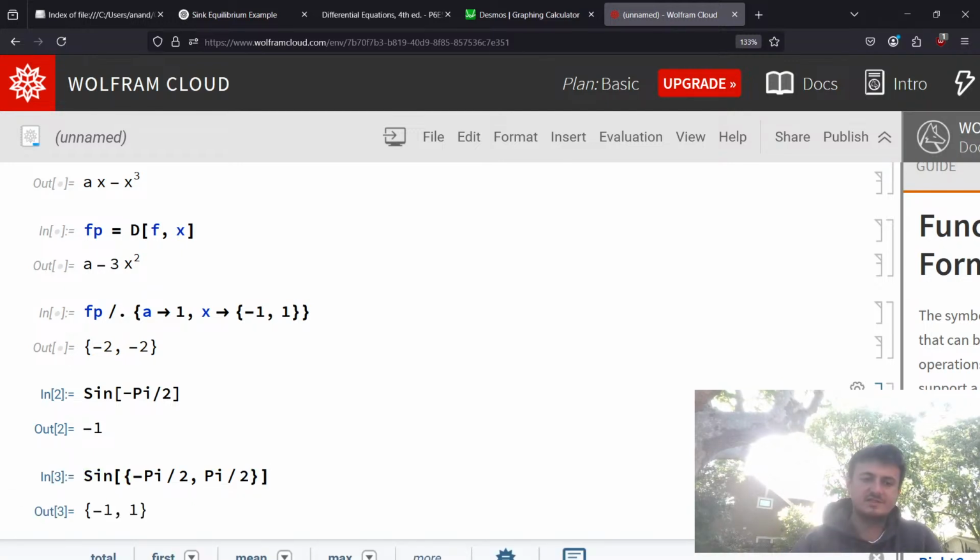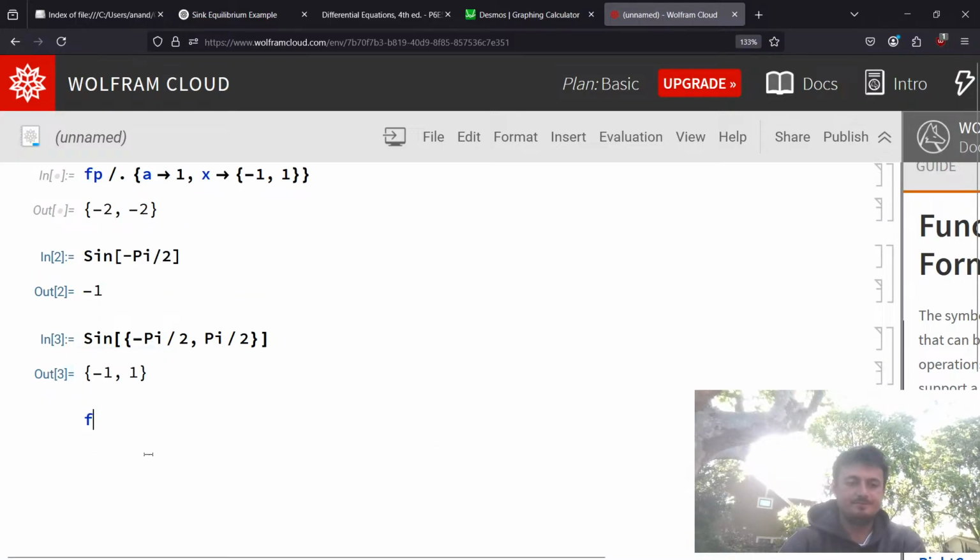Yeah, of course it's listable. Okay, so that means that for minus pi over 2, the derivative y dot is, wait, no, it's flipped.